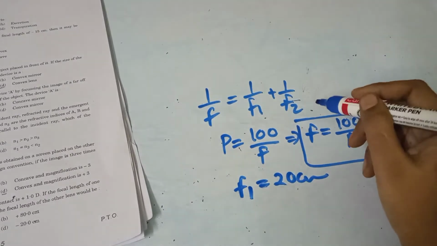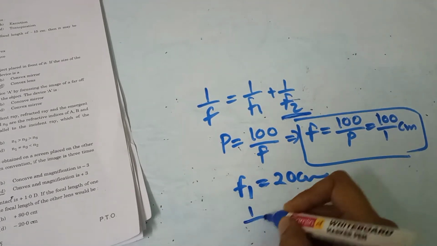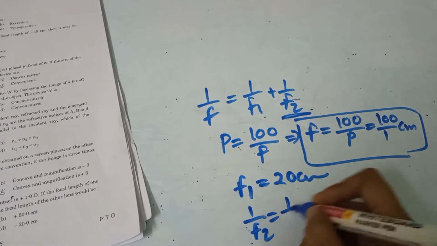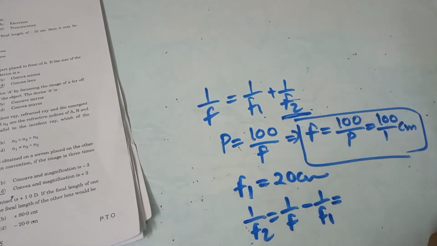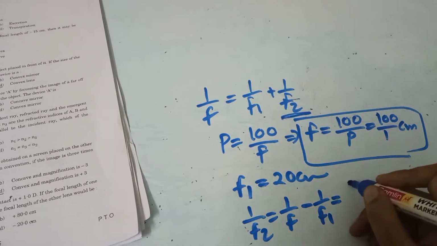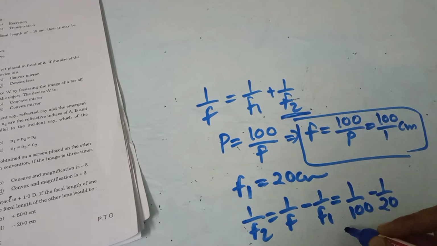They are asking about the focal length of the other lens, which is 1 by F2 is equal to 1 by F minus 1 by F1, is equal to 1 by 100 minus 1 by 20.